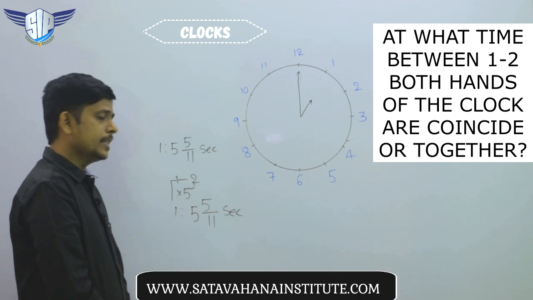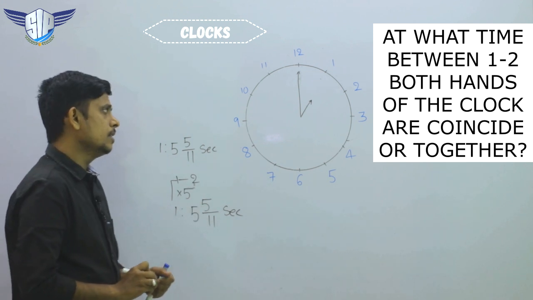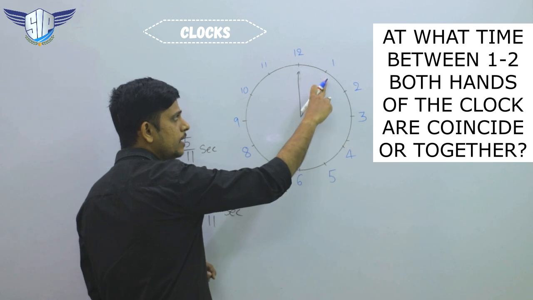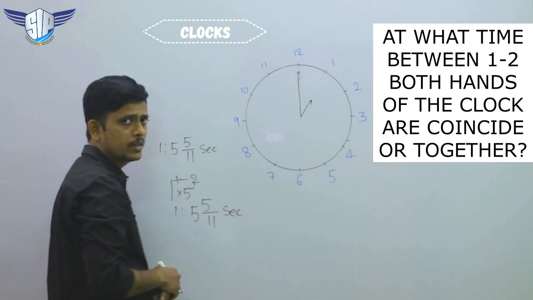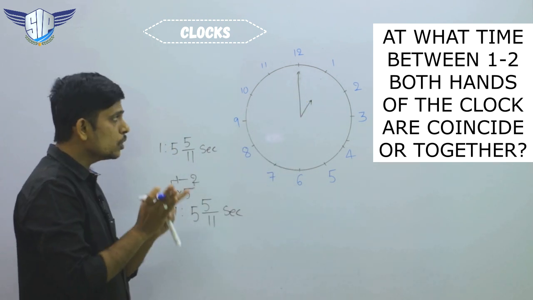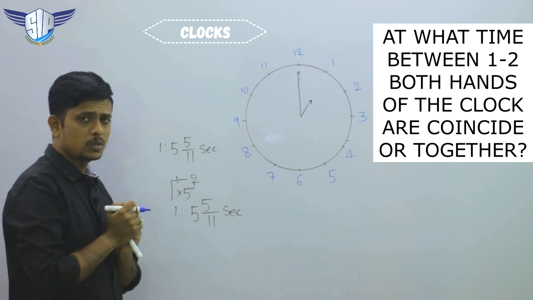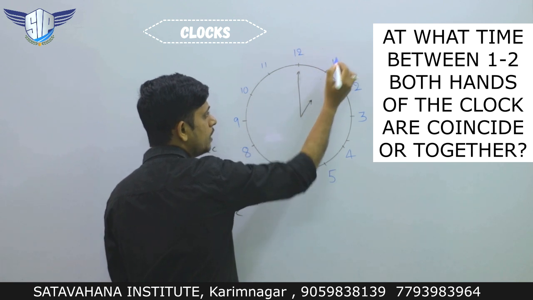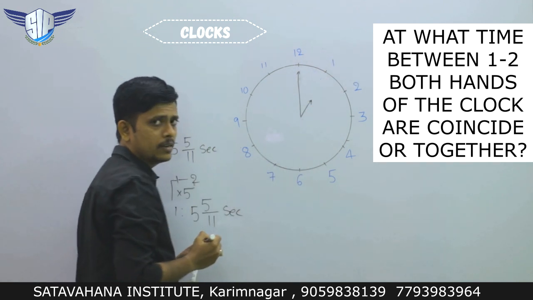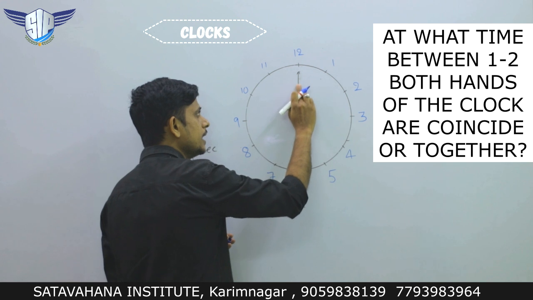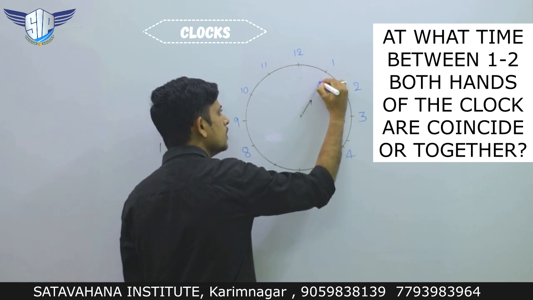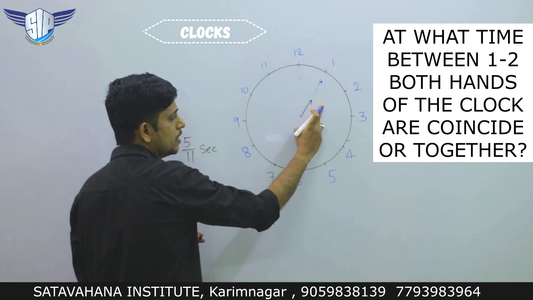The reason behind this is that at 1 o'clock the hour hand is at 1 and the minutes hand is at 12, but our target is that both hands must be together. To coincide, the minutes hand must travel from 12 to 1 to meet the hour hand. If the minutes hand moves to 1, both hands coincide.